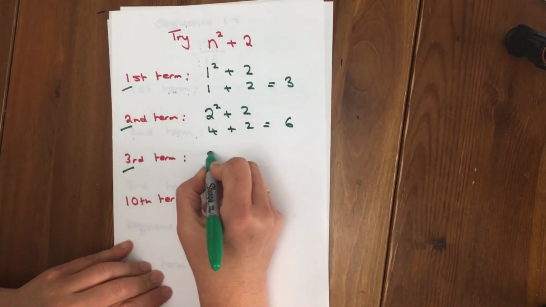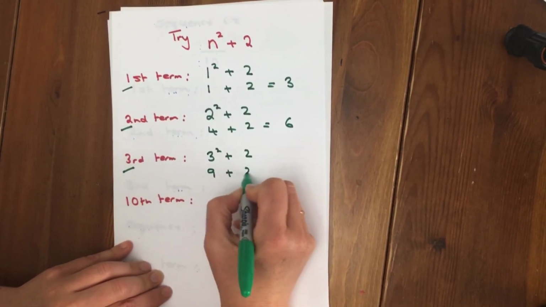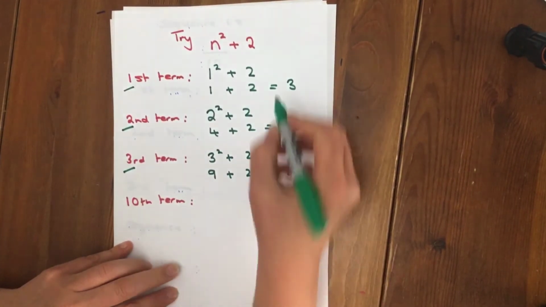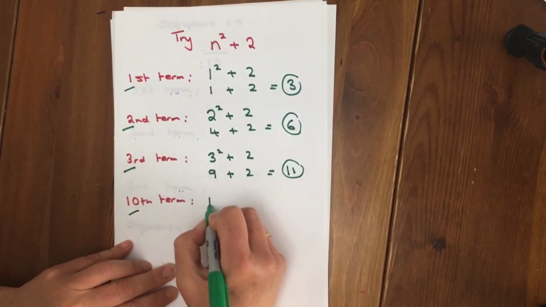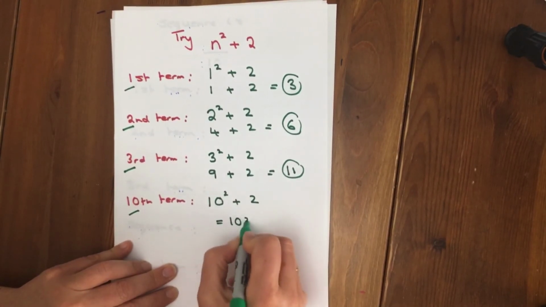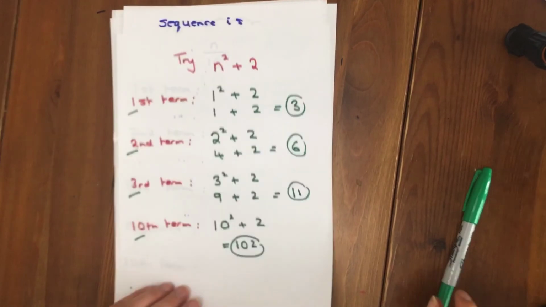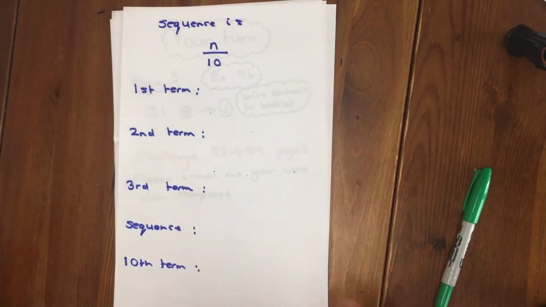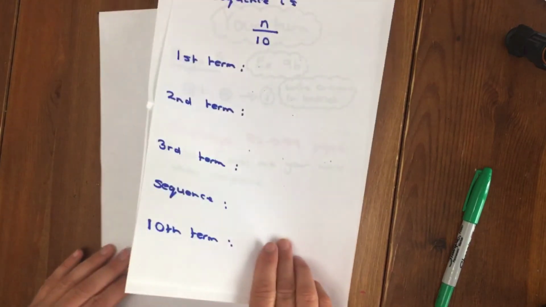N is 3, 3 squared, add 2, 9, add 2, 11. N is 10, 10 squared, add 2 equals 102. Okay, well done.